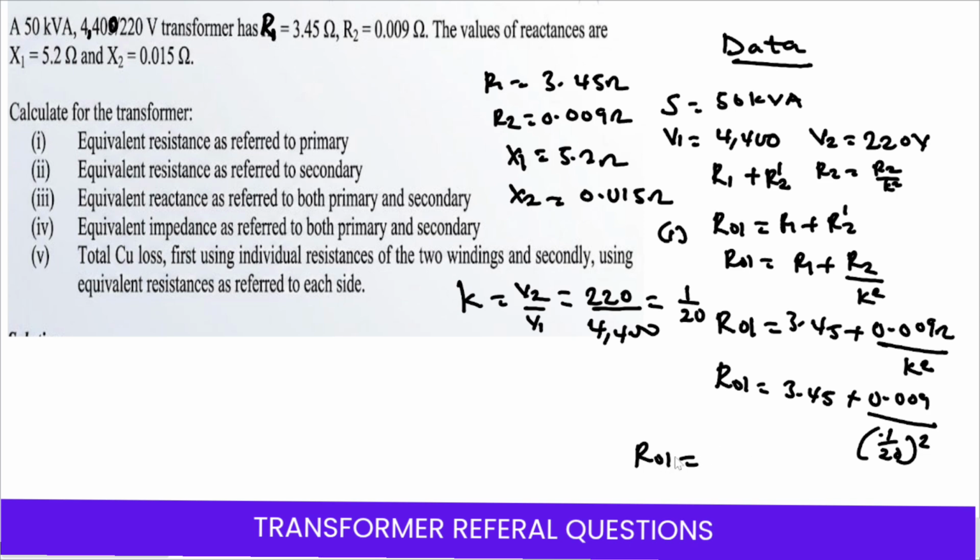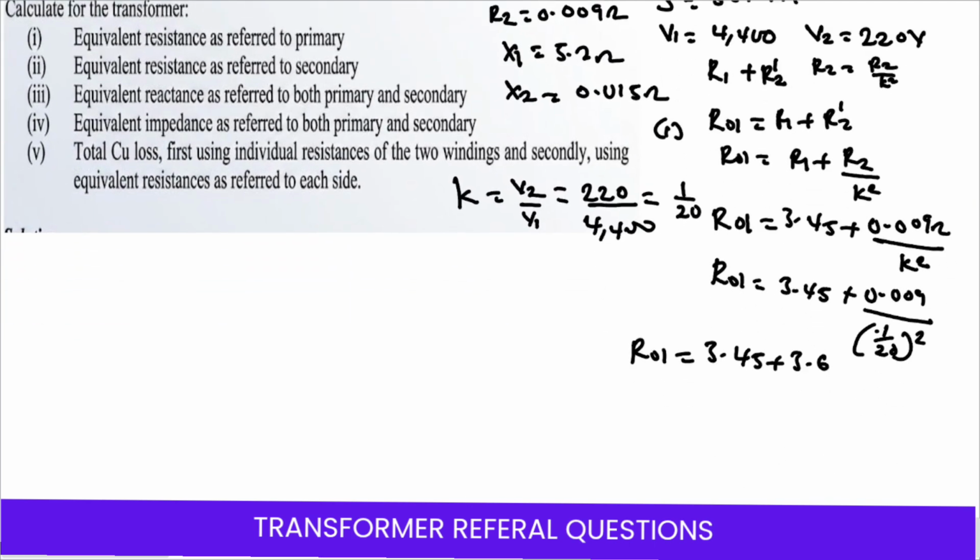R01 is equal to 3.45 plus what we have here, which gives us 3.6. Then our corresponding R01 will be equal to 3.45 plus 3.6, and that will give us 7.05 ohms. Okay, now let's move on.